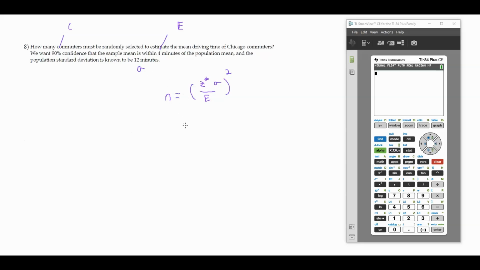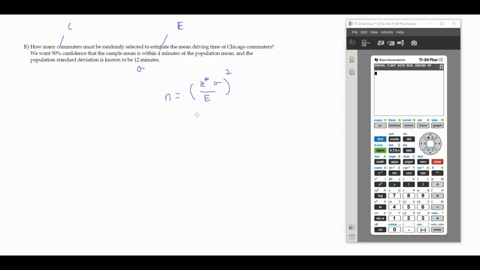So if we get a decimal here, no matter what the decimal is, we always round to the next whole number. It could be 79.0000001, and you would round that up to 80, because you can't take 0.0000001 of a person; these are discrete units that you're selecting.